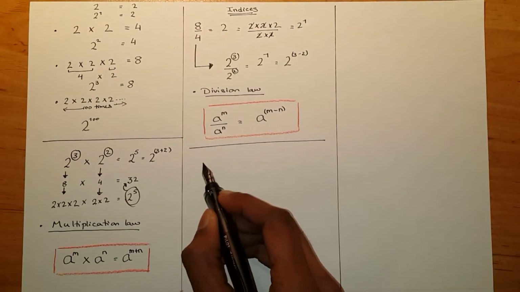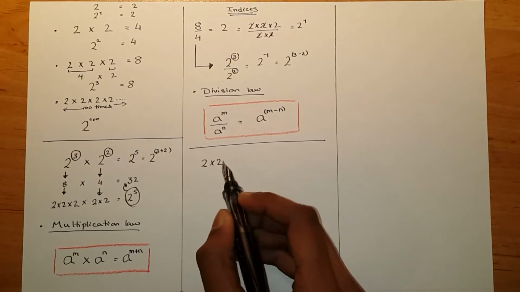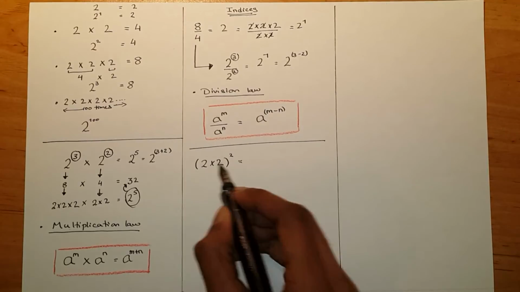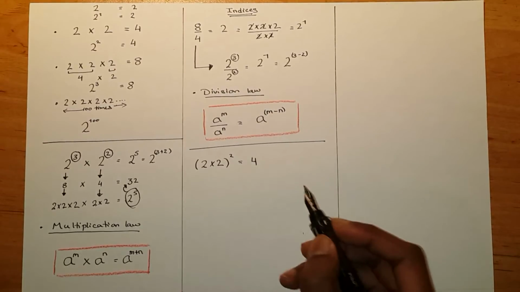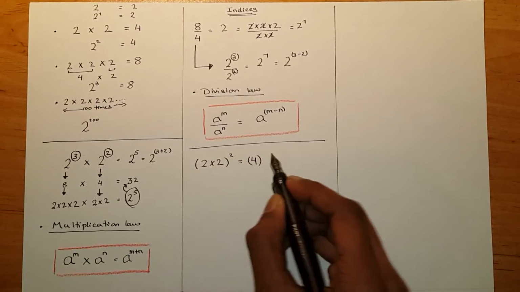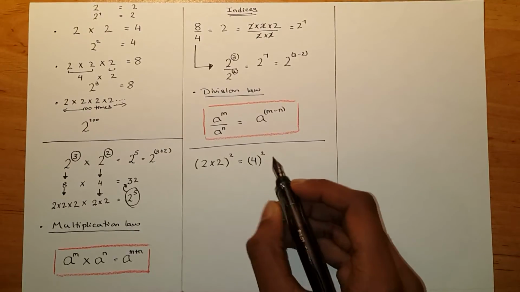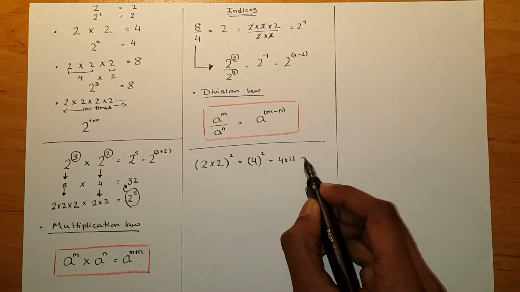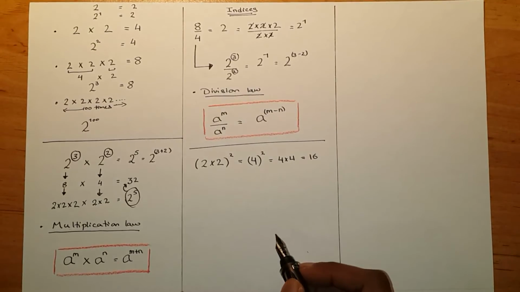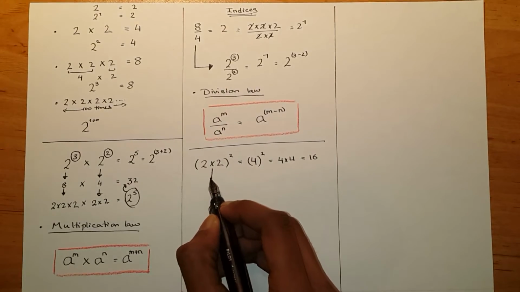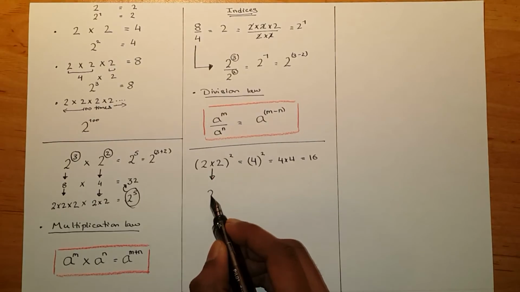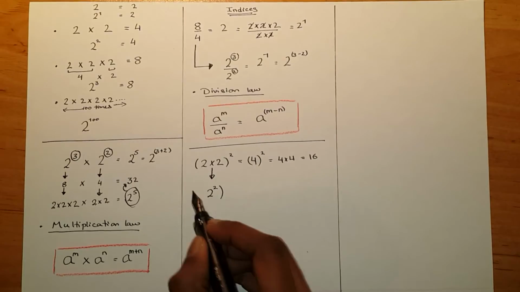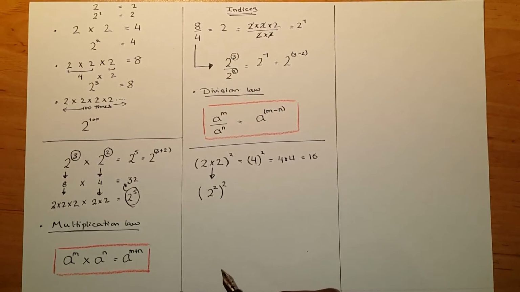Now, let's say you have 2 times 2, all to the power of 2. 2 times 2 makes 4, alright? And we put the power outside, so it makes 4 squared, 4 times 4, which makes 16. We could have written 2 times 2 as 2 to the power of 1, 2, and this to a power of 2.